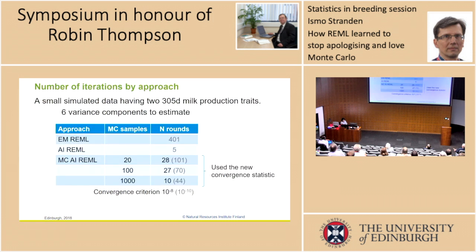So still, we tested with a small example, and this is with the R program, how it works. And indeed, when we have AI REML, the number of iterations is much less than with EM-REML. And when we use the Monte Carlo approach in the algorithm, then again we get a lower number of iteration rounds than with the EM-REML.